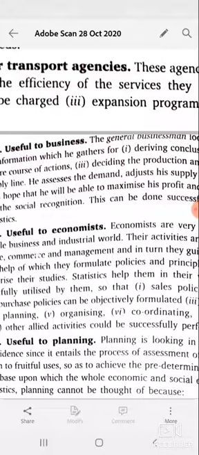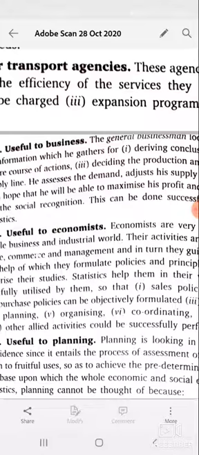For example, a budget is a financial plan, which is an annual statement of income and expenditure of an individual, of a family, of a business enterprise, of an organization. If statistics provides the sources of income and the sources of expenditure, then only are we able to prepare a budget.